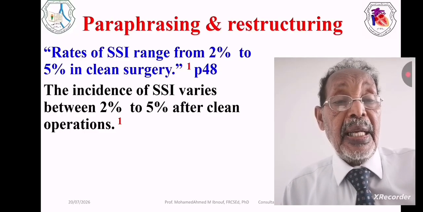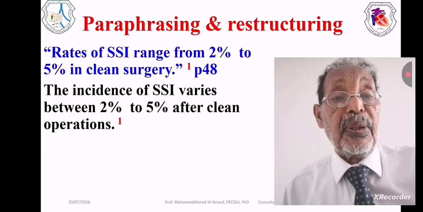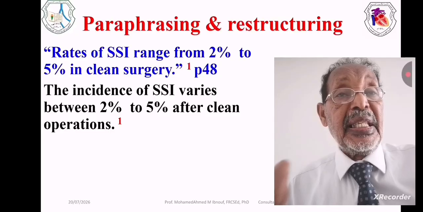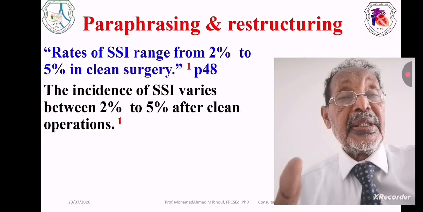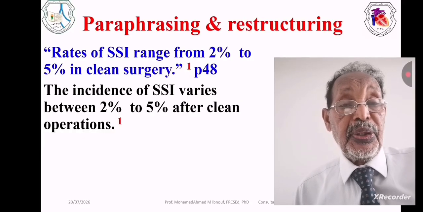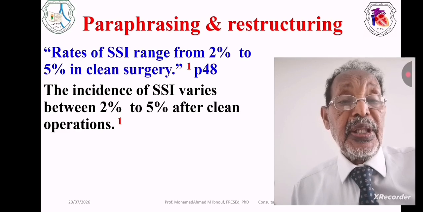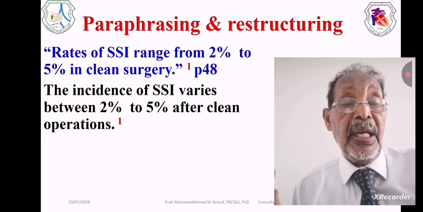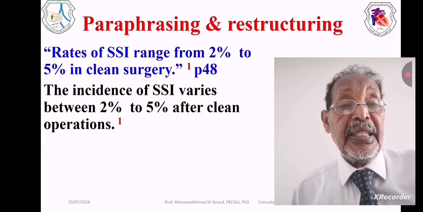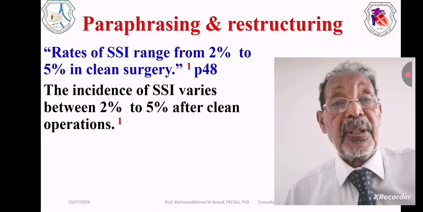And at its extreme end is written the citation number and the page number from where we extracted this quotation, which is written exactly as it was written in the original reference. It is a quotation between quotation marks, in which it was written, rates of surgical site infection ranged from 2% to 5% in clean surgery. Then the citation number and the page number.